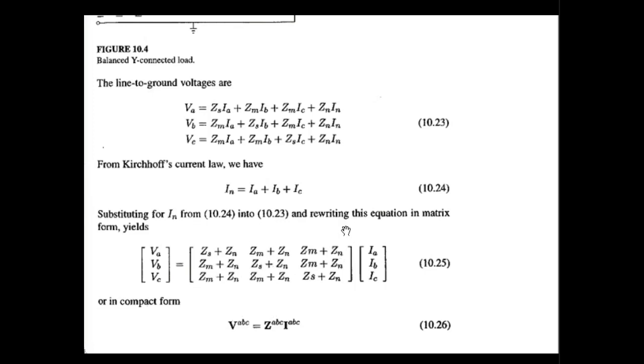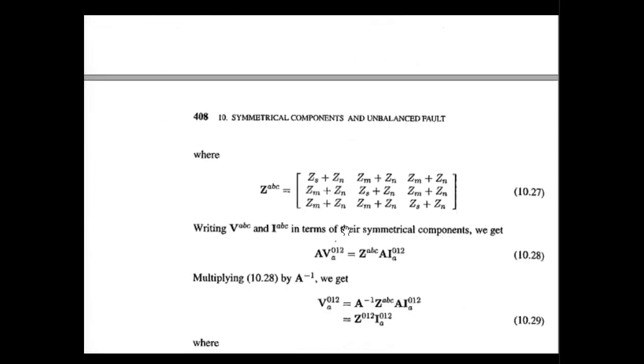That will be our target. How can we do that? Regarding that shifting, this is the ZABC. As I have already mentioned, VABC can be written in terms of V012, right?